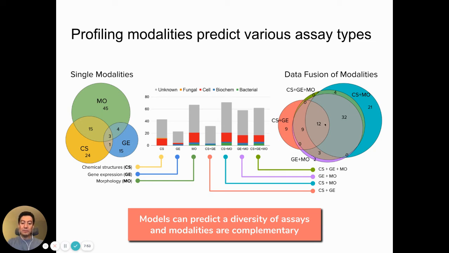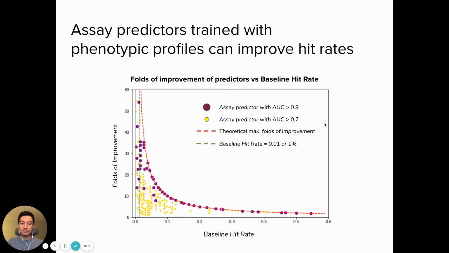And if we take the best predictor for each assay from all the candidate models, we can predict 115 assays in total, about a third of all the assays in our study. In general, assay predictors can improve hit rates.